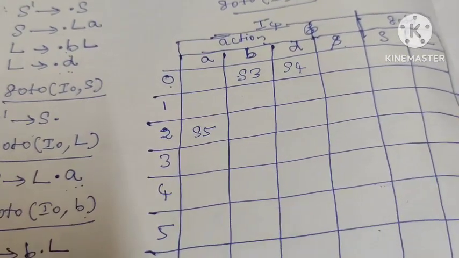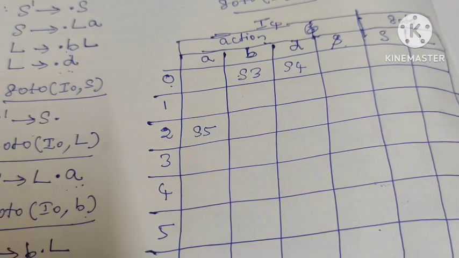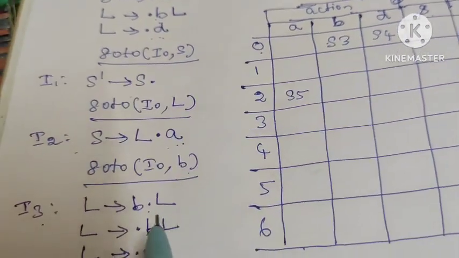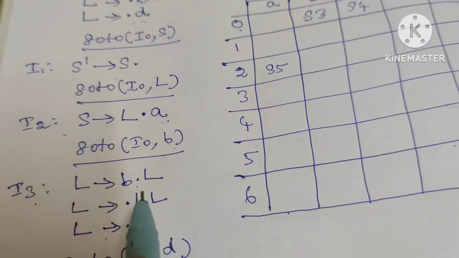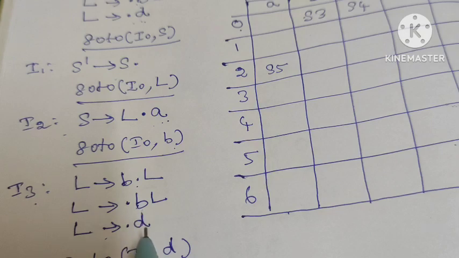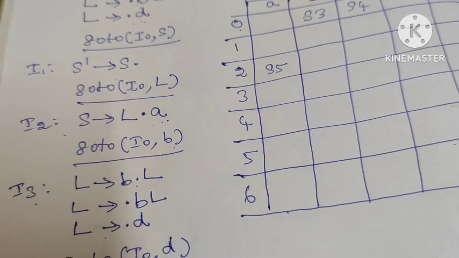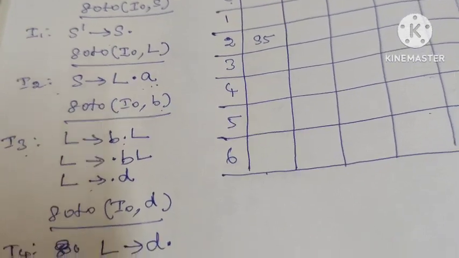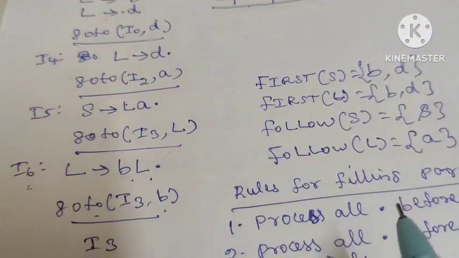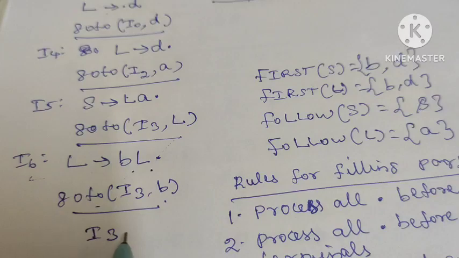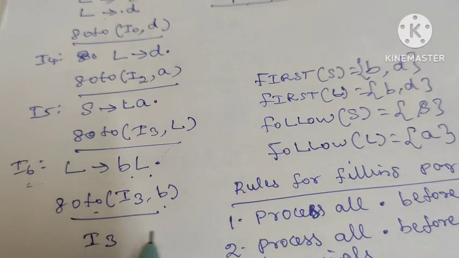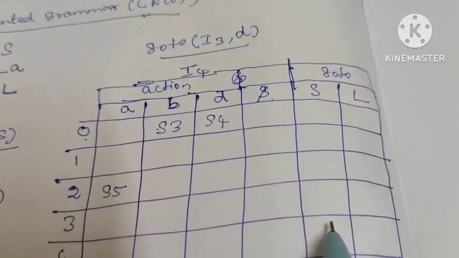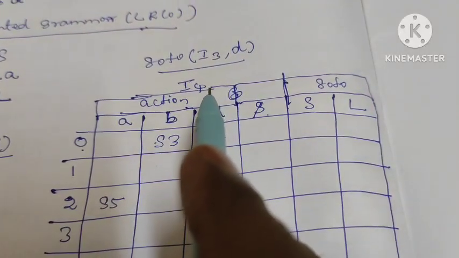Now, come to item set 3. Go to of item set 3. So in item set 3, we can see a dot before B and D. Okay, a dot before two terminals B and D. So go to of I3 comma B, I3 comma D. We have to see that. Go to of I3 comma B produces I3, and go to of I3 comma D produces I4.